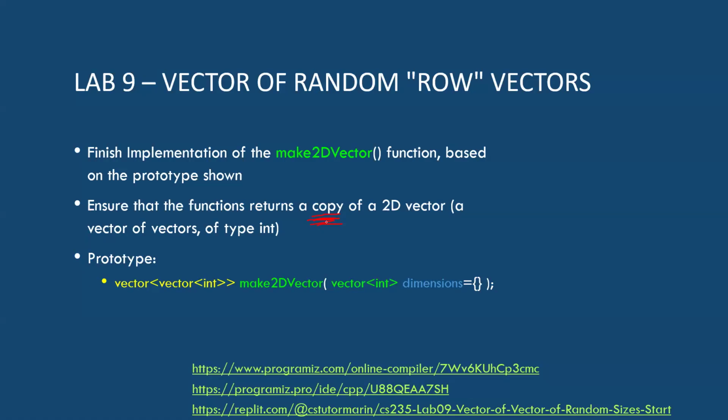So here's our prototype. And notice that the dimensions here is a vector of integers. What I'm talking about is row 1 has 1 thing, row 2 has 4 things, row 3 has 13 things, the next row has 3 things. You don't know. So this vector called dimensions is telling you what you're supposed to build.